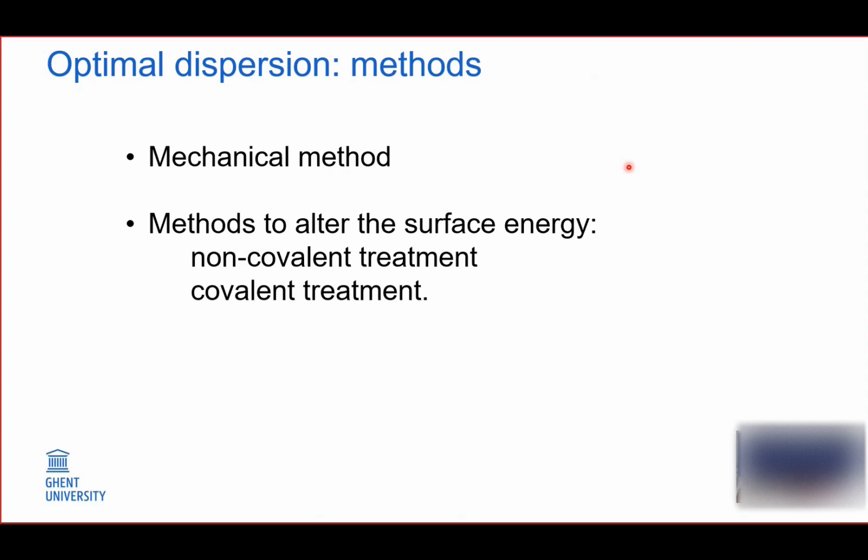So, how can we ensure the optimal dispersion of carbon nanotubes in the polymer matrix? Via mechanical methods, how we process our composite, or via treating the surface of the carbon nanotubes. Either they form non-covalent interaction with the polymer matrix, or we introduce some functional groups that will interact with the matrix covalently.